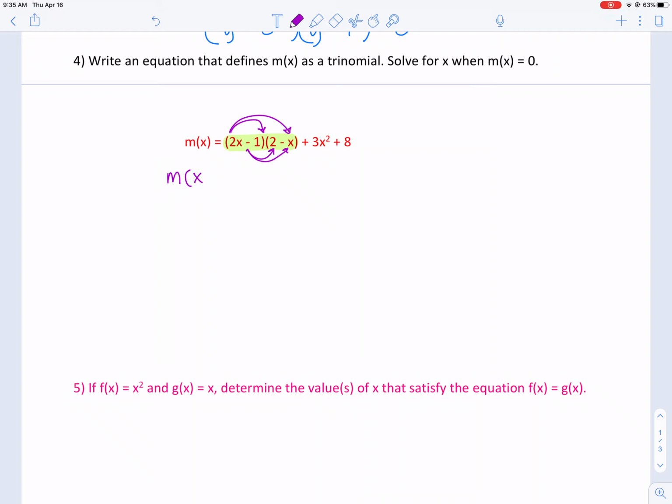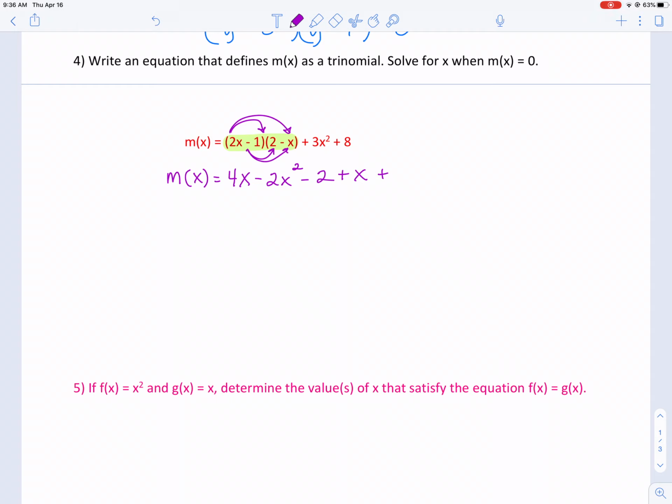So I'm going to say m(x) equals, so 2x times 2 is 4x. 2x times -x is -2x^2. -1 times 2 is -2. And -1 times -x is positive x. That was a tough one.